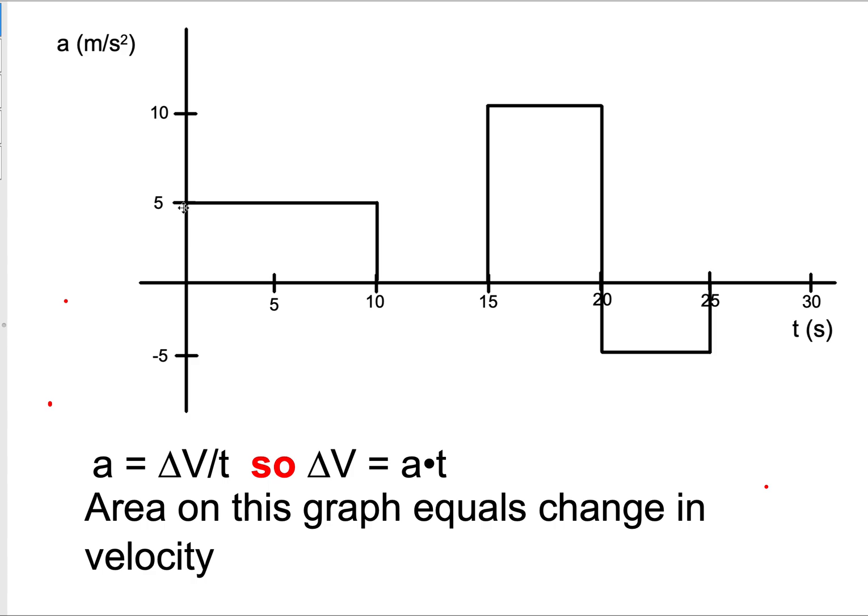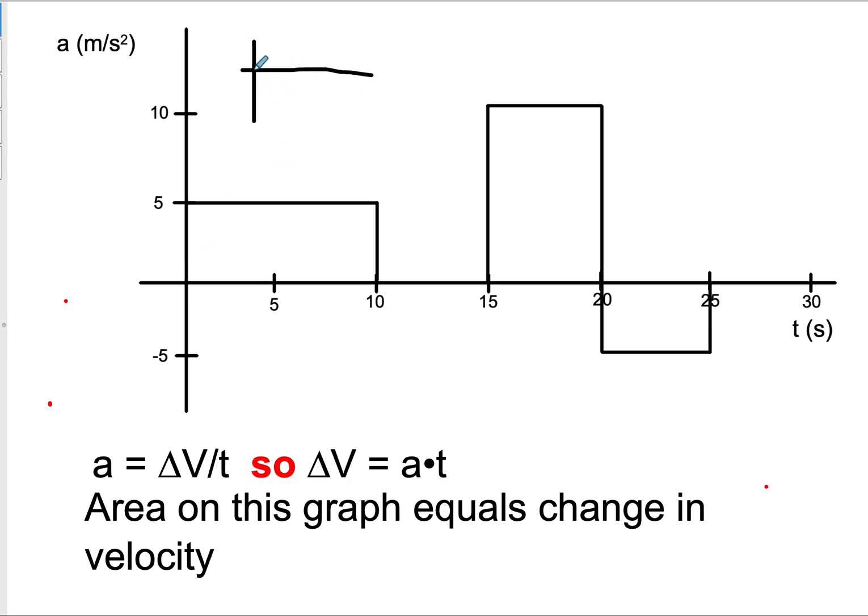Okay, from the origin to 10, it's getting 5 meters per second faster every second. So if we were to draw this as a v versus t graph, I'm going to do my pathetic version. This is what it would look like.